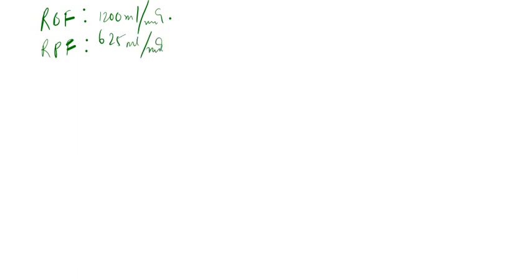What is the glomerular filtration rate? That is nearly 125 ml per minute. GFR is the amount of plasma filtered per unit time. Guys, plasma is present in which component? Vascular component. Okay, remember.